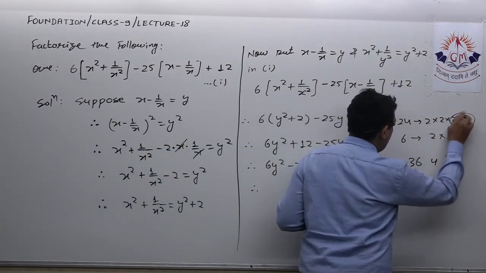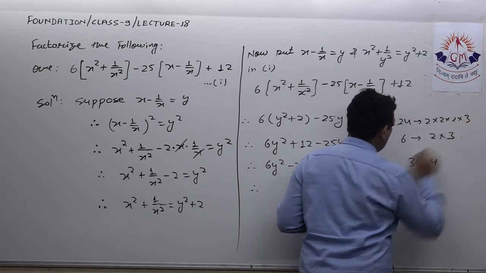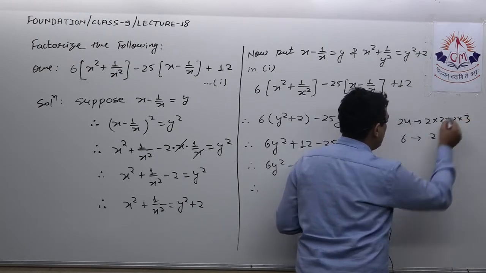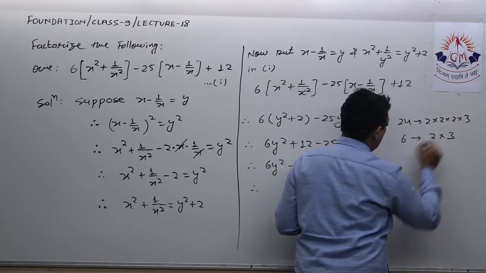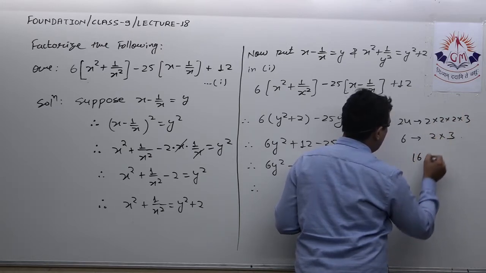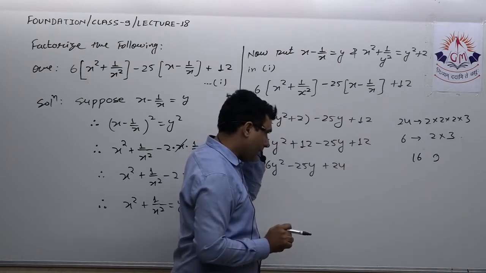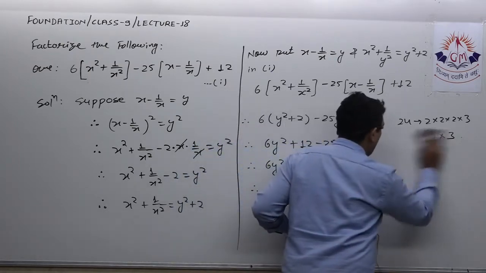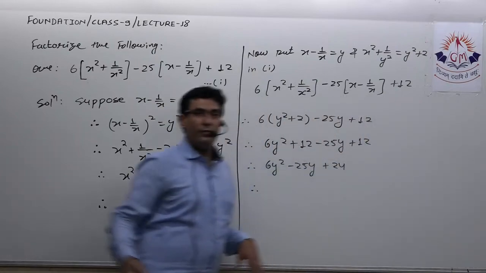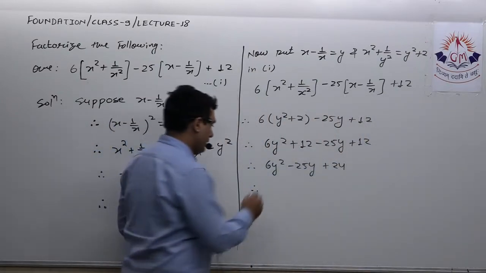Now if I take all twos together and all threes in the second group, that means here I'll get 16 and here I'll get 9. Yes, 16 plus 9 is 25. As it is negative 25, I'll take minus 16 minus 9.